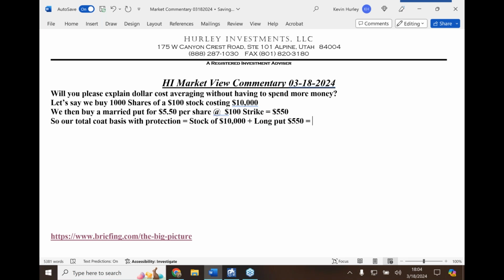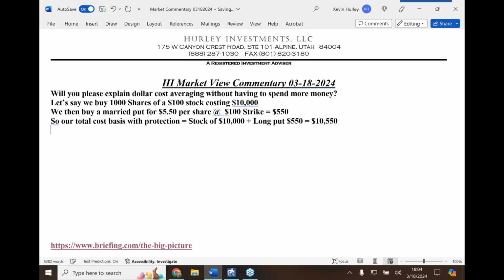So your total cost basis, don't you like that cost basis? Total cost basis is $10,550.